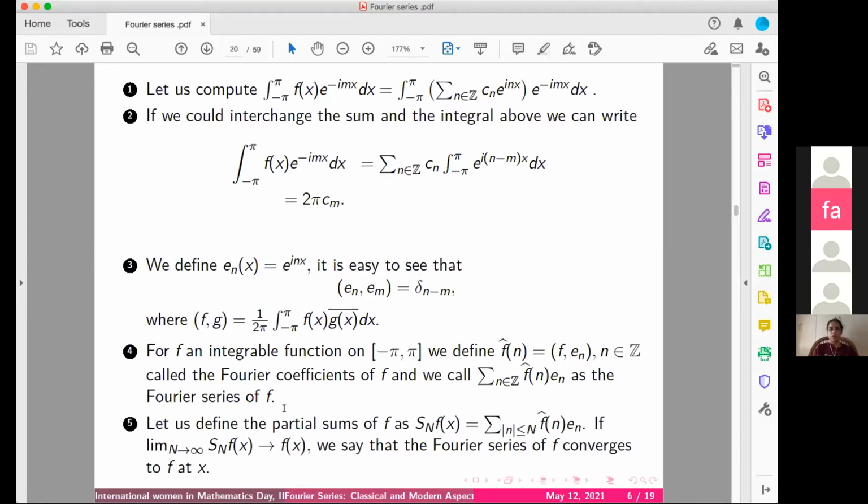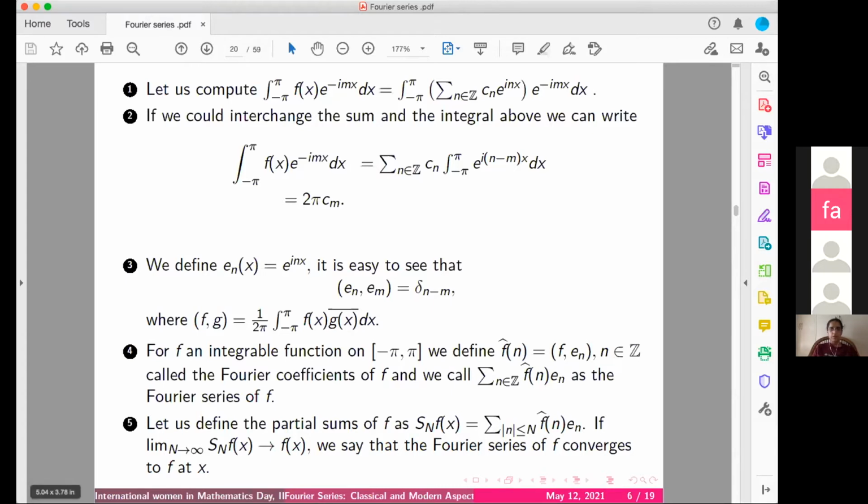Okay. And then we define the partial sums, because to make sense of the convergence, we have to bring in certain notions to be more precise. So you define these partial sums: you take the sum of f hat n En for mod n less than or equal to capital N, where capital N is a fixed positive integer.